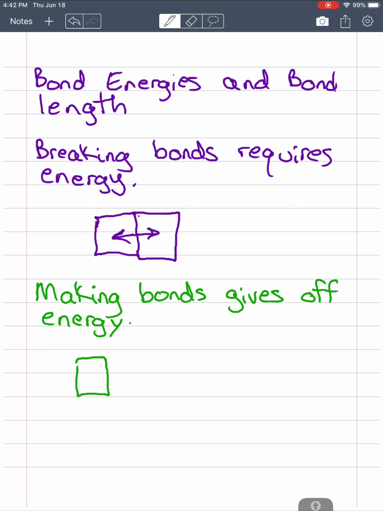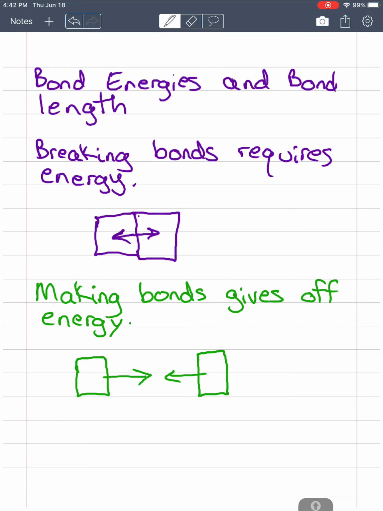And that makes sense, even with the magnet idea. If you get the magnets close enough to each other so that they can feel the pull of the other magnet, then they're going to snap together on their own without any energy input from you. So that's the way bond energy works.